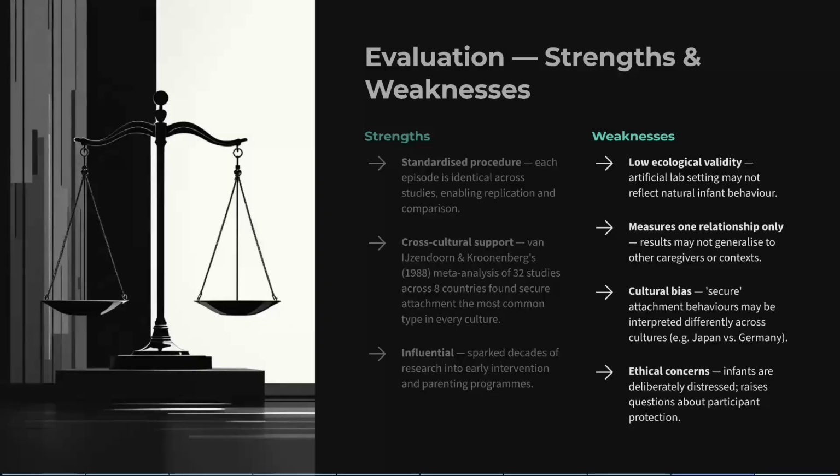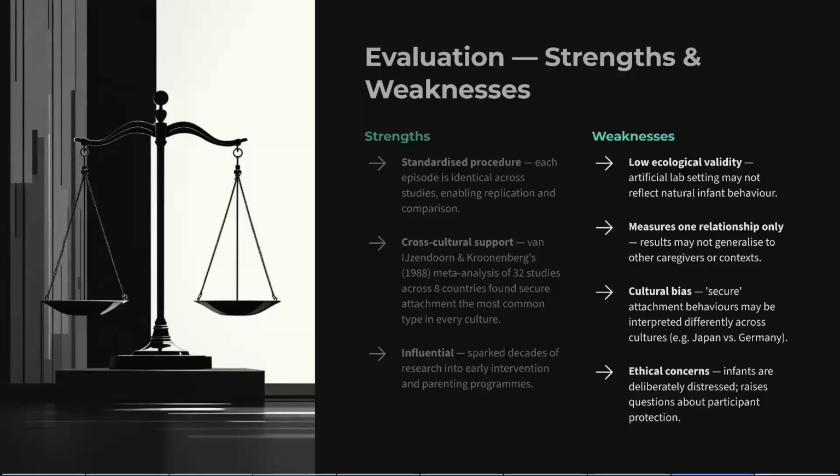Thirdly, there's a cultural bias. And this criticism is subtle, but it's important. The strange situation was designed and validated in middle-class American samples. The definitions of what constitutes secure, avoidant, and resistant behaviour are reflecting American cultural norms for appropriate infant-caregiver interaction.